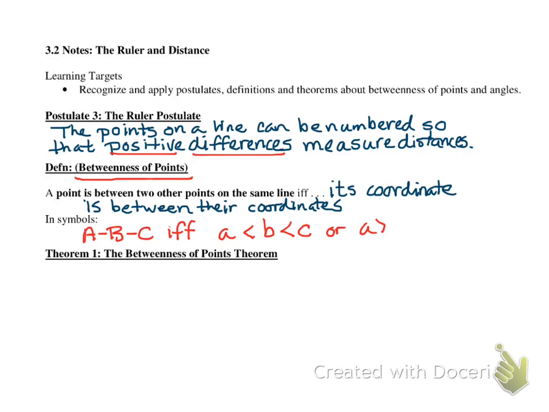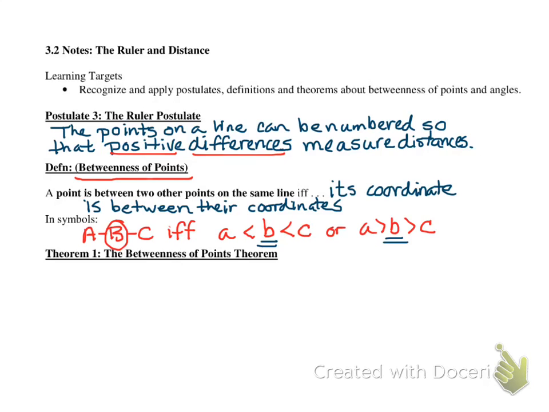A is greater than B is greater than C. The key being that B is between A and C if and only if its coordinate is between their coordinates. It's stuck in the middle.